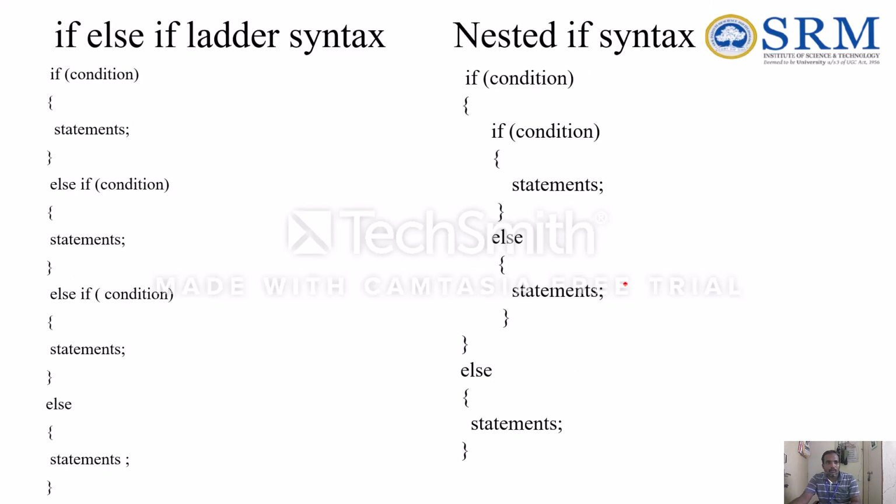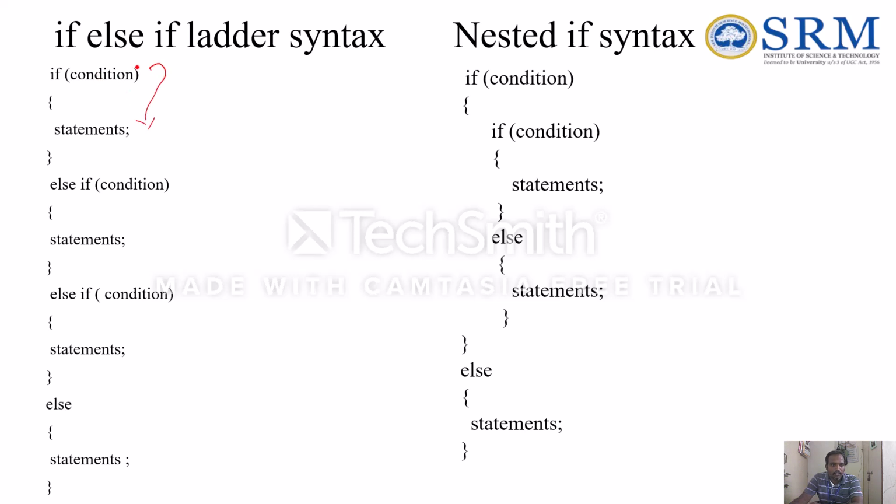Next we are going to talk about the syntax of if else if ladder. As I already told you, this is mainly used for checking more than one condition. As per the syntax, if the condition is true, these statements will be executed.